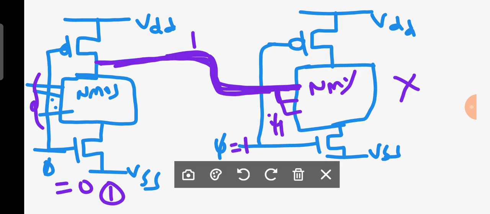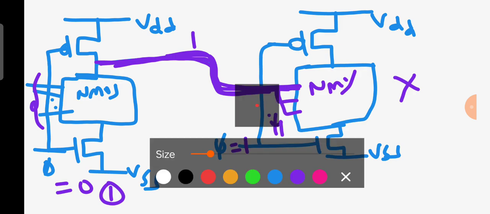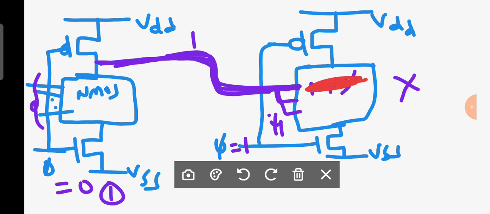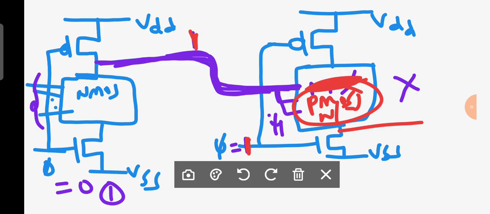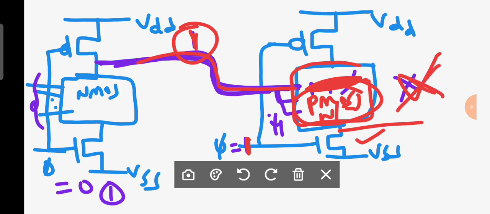Therefore the idea is, instead of NMOS, if you use a PMOS network here, then you have to collect an output here. If you use a PMOS network here, then even though it is 1 when phi is equal to 1, since this is a PMOS network, it won't be activated.